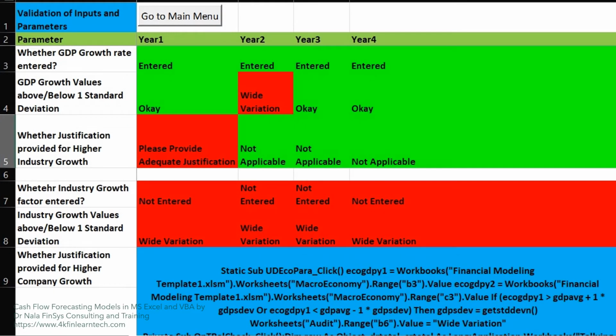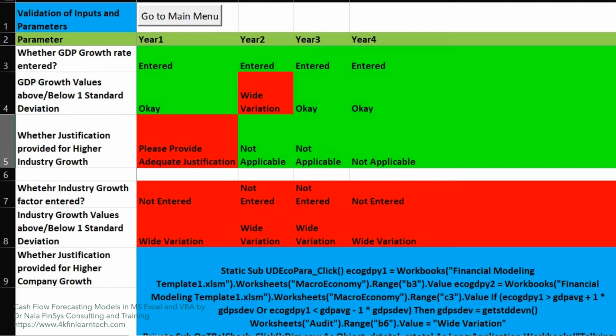This is just a sample of creation of VBA functionality into the Excel templates. If you look at the bottom portion, you can see some little English kind of words like static, sub, UDE, echo, para, click, equal to, workbooks, blah blah blah.